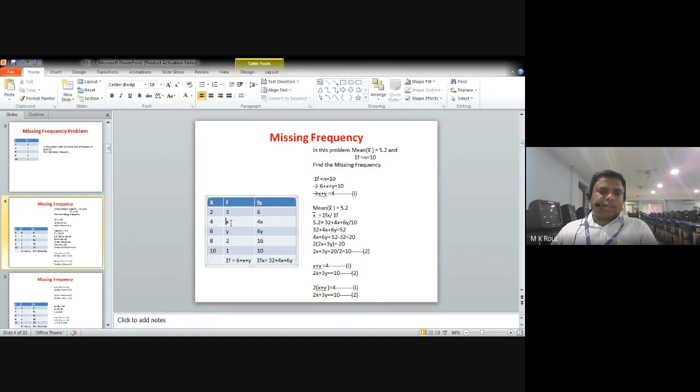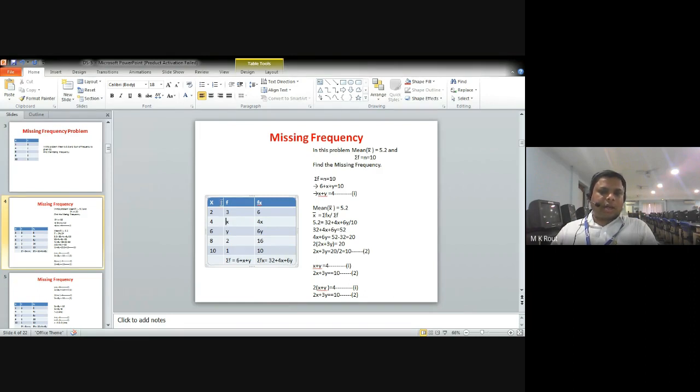If the frequency is not given, you denote it as x and y for the missing frequencies, or as per your wish you can put p, q, or a, b. Then you proceed to calculate f into x, and after that you calculate the summation of fx, that means 32 plus 4x plus 6y.